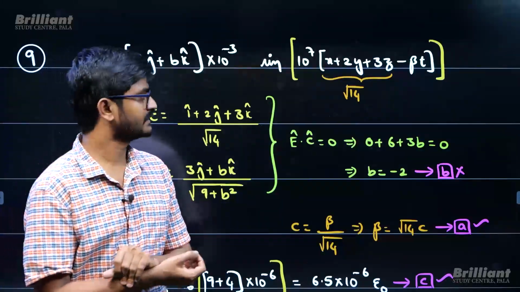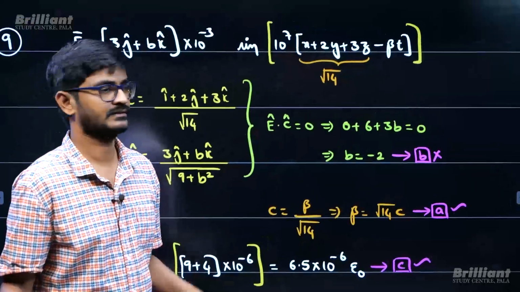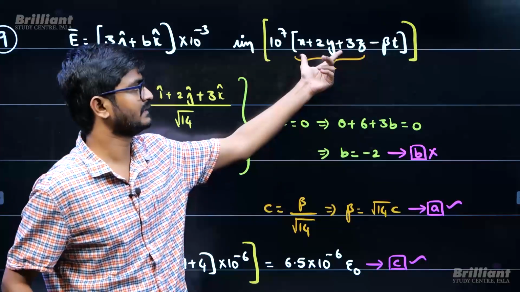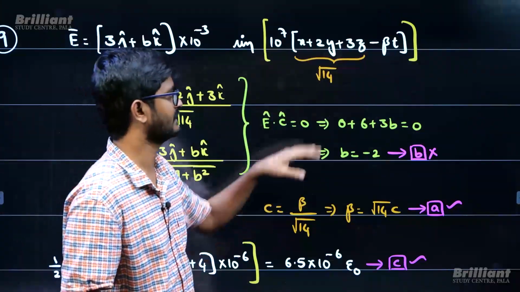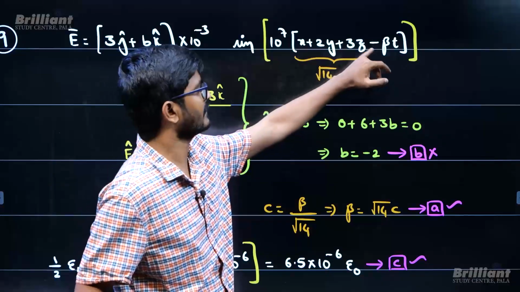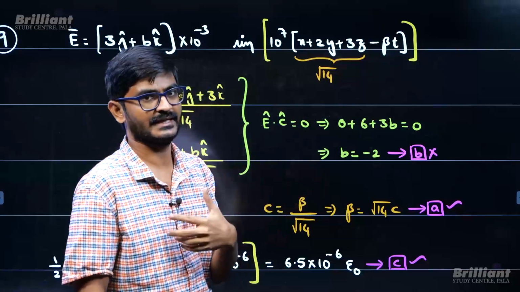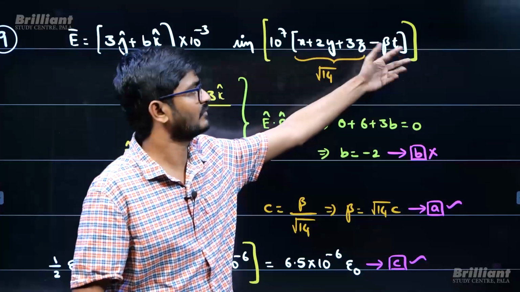Now speed is given, 3 into 10 power 8, right? Now, this magnitude thing, it is like k bar dot r bar you will be taking, right? You can look at the solution, you will understand it anyway. So it's like kx minus omega t, but here it is k bar dot r bar minus omega t.